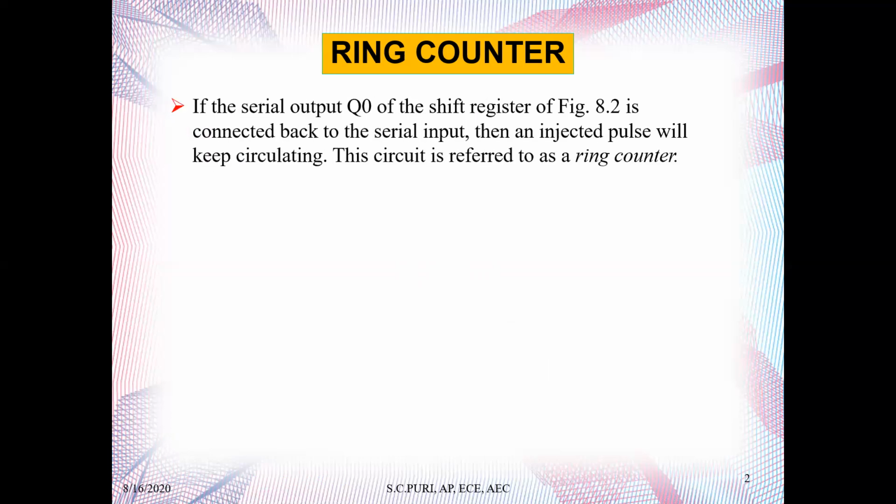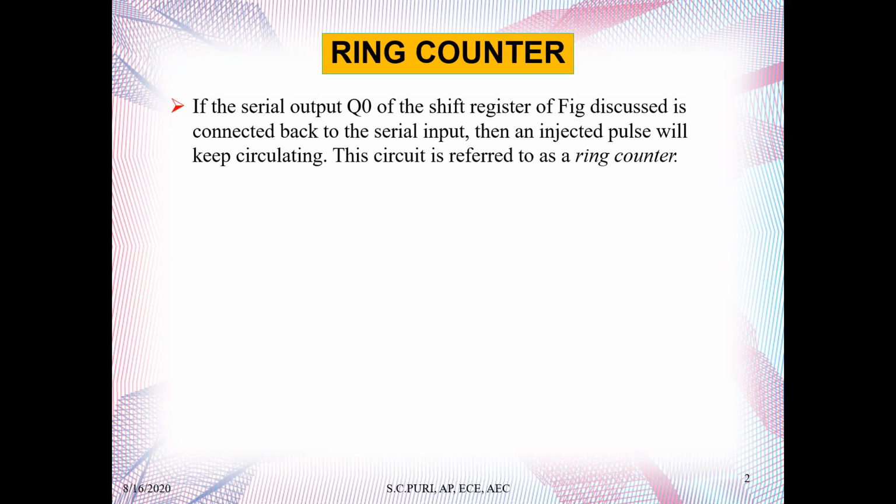So let's start with the ring counter. What is a ring counter? If the serial output Q0 of the shift register of the figure discussed is connected back to the serial input, then an injected pulse will keep circulating.